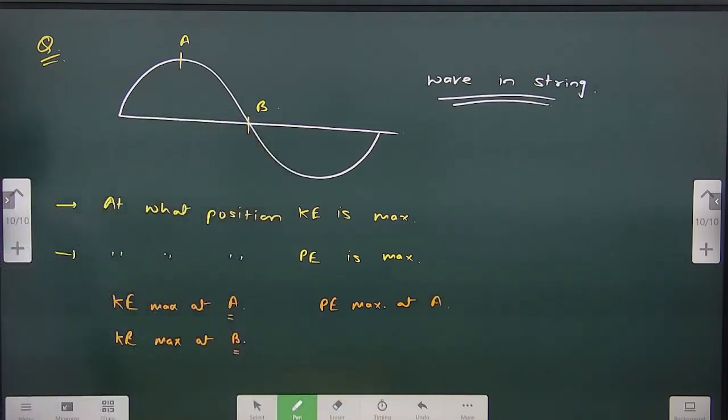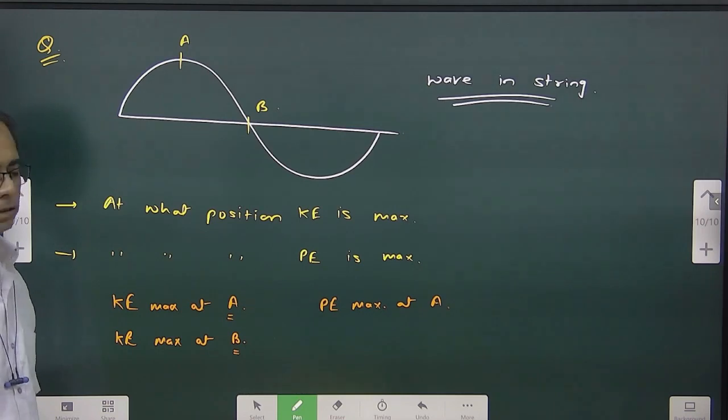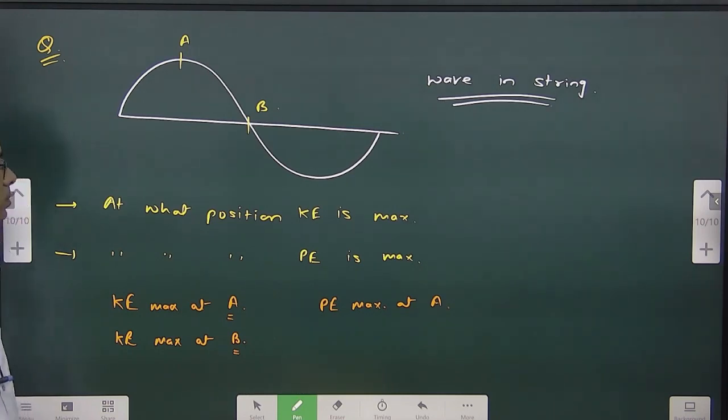Potential energy is maximum at A. Okay. Girls? What's your answer? Yes, Shweta, what's your answer? The kinetic energy is maximum at point B, sir.